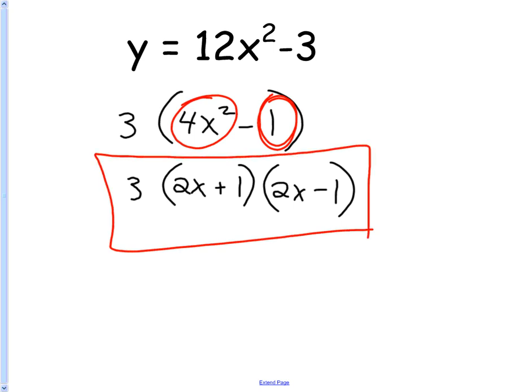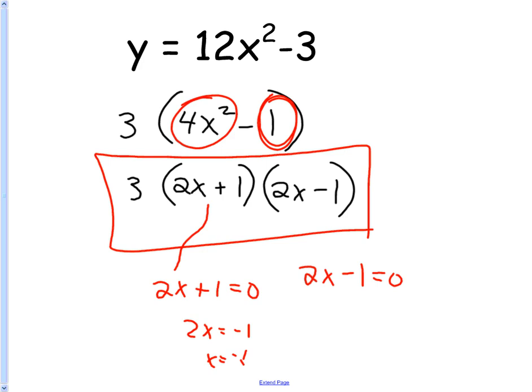Then, can you do this in your head? What are the roots? If you know it, just say it. A half and negative a half. Good. And if you had trouble with that, if you're not good at doing those in your head, then you just got to know how to set this up. 2x plus 1 equals 0 and 2x minus 1 equals 0. Then you subtract 1 from both sides. You'd have 2x equals negative 1, x equals negative a half.